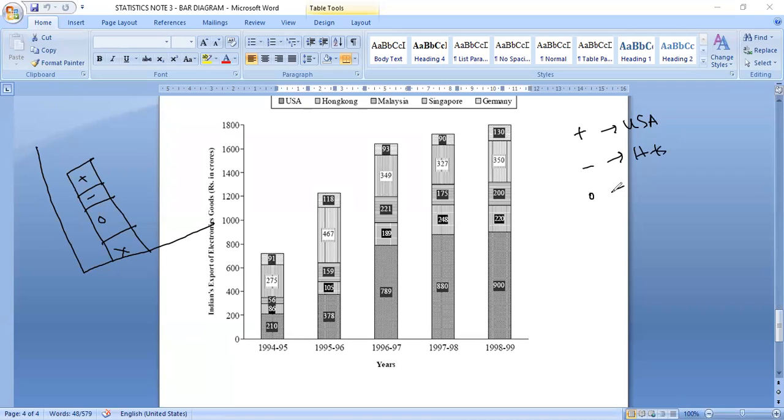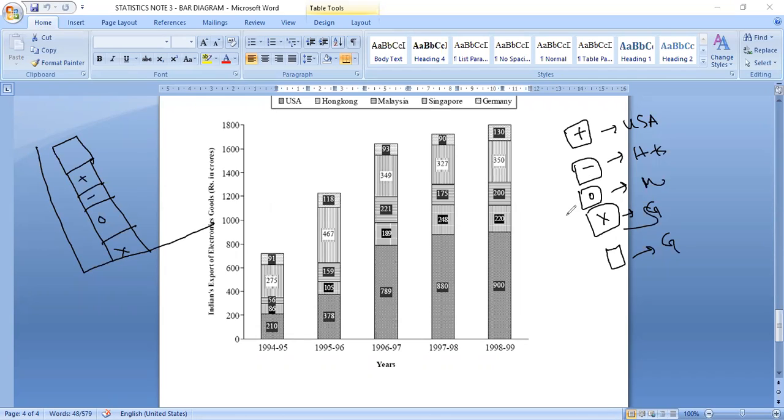I use zero; zero means Malaysia. Cross means Germany, and Singapore, I use another symbol. I use blank; blank means Germany. So it's not so easy, but by hook or by crook you have to mention it. The best method depends on you.